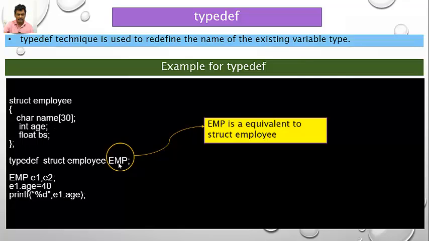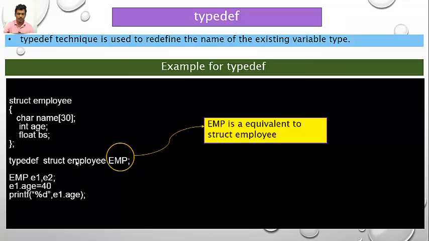Struct employee is the declaration type, the data type. So we give EMP, capital EMP, as the substitute name for struct employee.